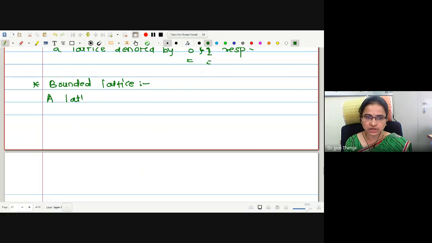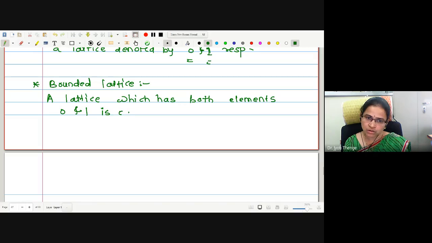A lattice (L, join, meet) which has both elements 0 and 1 is called a bounded lattice.